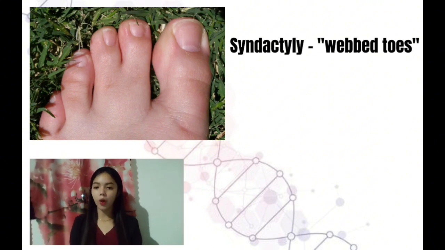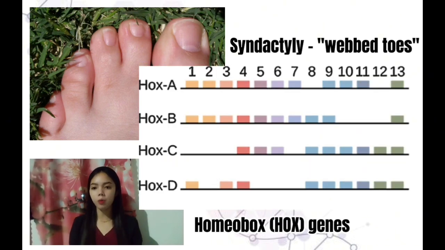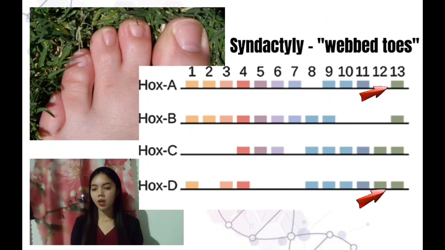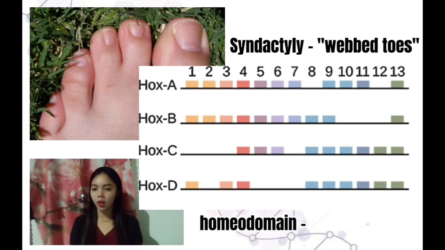The defects in the Y chromosome or the mutation could be in limb development genes, such as the homeobox or HOX genes, especially HOXD13 and HOXA13. HOXD13 and HOXA13 genes belong to a class of proteins known as homeodomain-containing transcription factors.